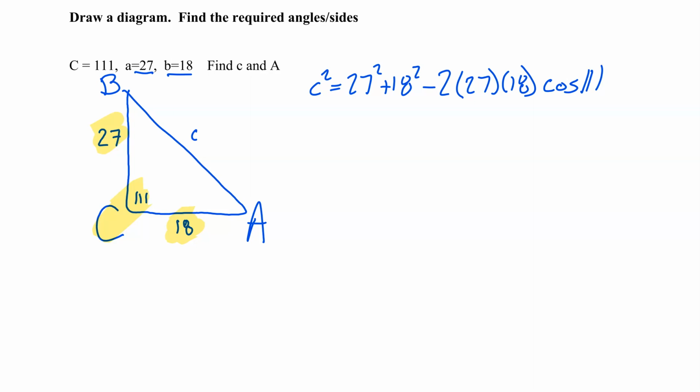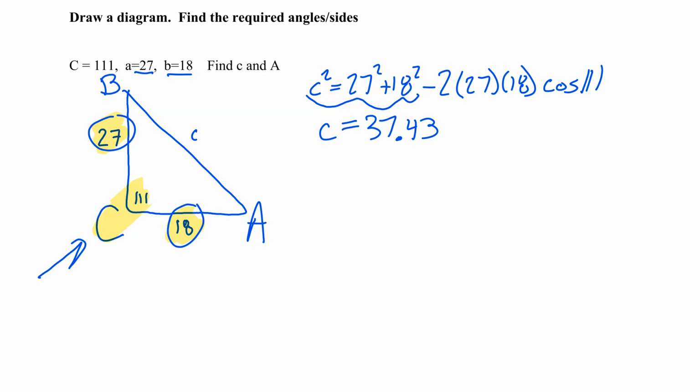So again, this is Pythagorean theorem basically, right? C squared equals a squared plus b squared. And again, the a squared and b squared are the two sides that are next to that angle. So if I work all this out, I will get C equaling 37.43.